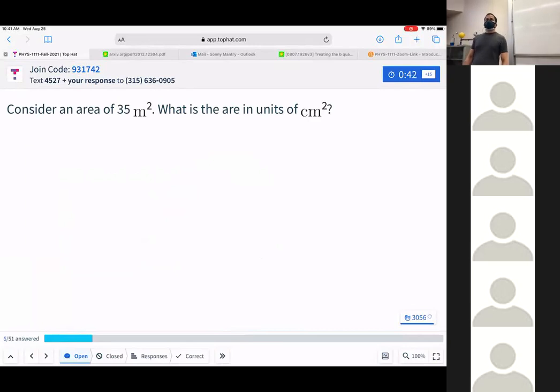Just the number. But the number should be in units of centimeters squared, but just enter a number. 25 seconds.